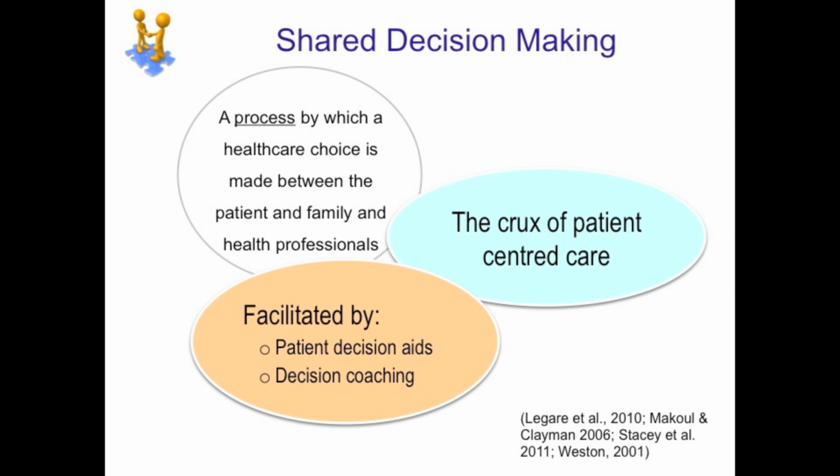A process obviously can be a good process or a poor process, and it depends often on the inputs to this process. You could have a great set of communication skills, but if, for example, we don't have good evidence around some of the treatments that we might be offering or about the outcomes, you're probably not going to get potentially a great decision. So I think we need to think about how can we facilitate a really strong process.